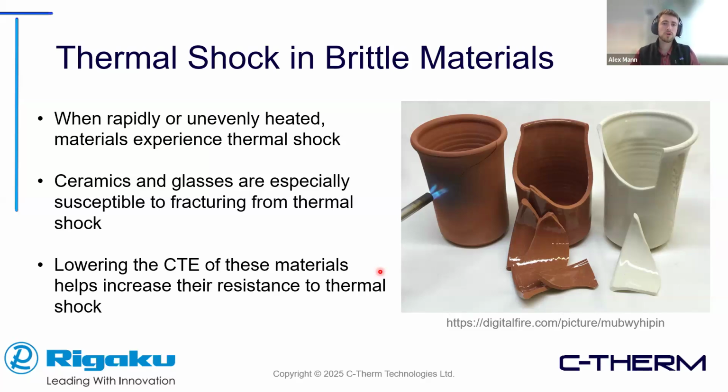One example of this is cooking. Pyrex is very commonly used as a glass or a ceramic. It has a low CTE of 3, so whenever you take it out of the oven and put it at room temperature to cool, it doesn't shatter or break. Or if it's still warm and you were to put it in the sink to clean, that thermal shock won't cause it to break.